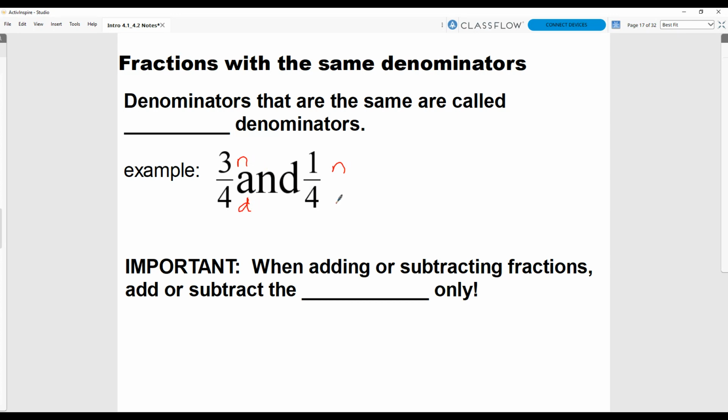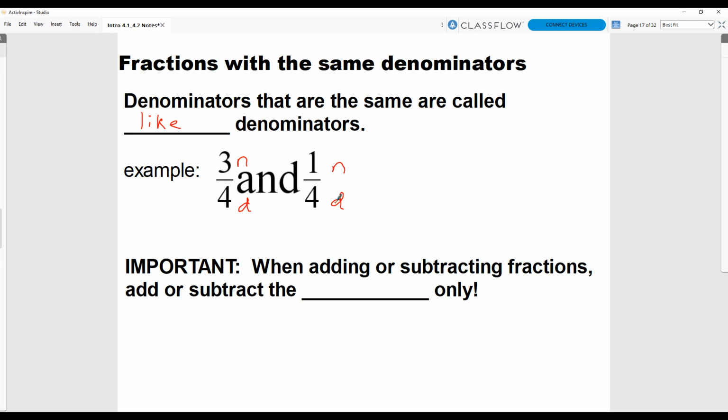And the number on the bottom is our denominator, so I'll put a D on each one of those. Notice both of these have the exact same denominator, right? They both have a 4. If two or more fractions have the same denominator, we call those like denominators. So we would say 3/4 and 1/4 have like denominators.